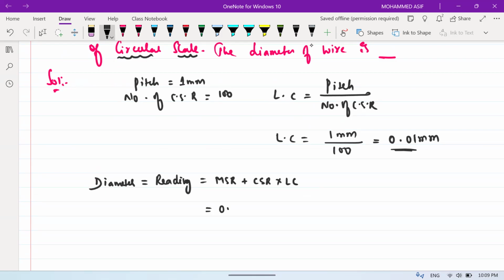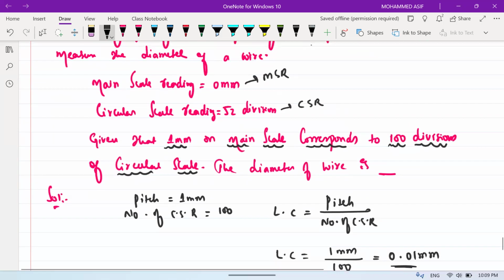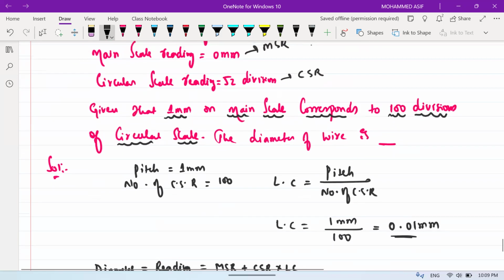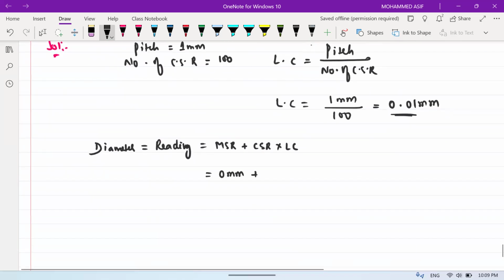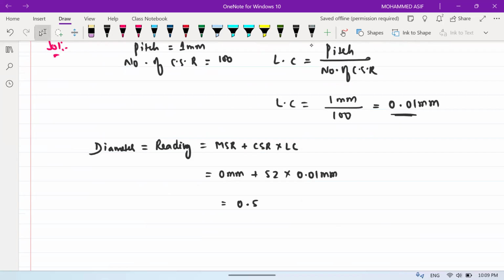MSR is 0 mm plus the circular scale reading which is coinciding, 52 divisions. So it is 52 into the least count 0.01 mm. This value will be equal to 0.52 mm. This will be the answer. If it is in centimeters, it is 0.052 centimeters.